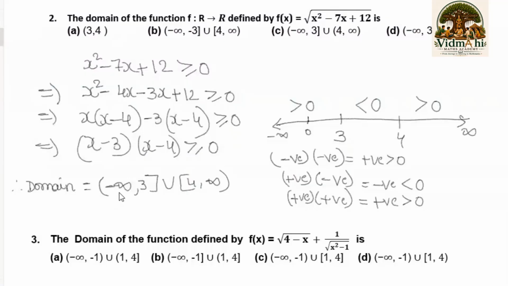So the domain of the function is minus infinity comma 3 union 4 to infinity. So option D is the correct answer.